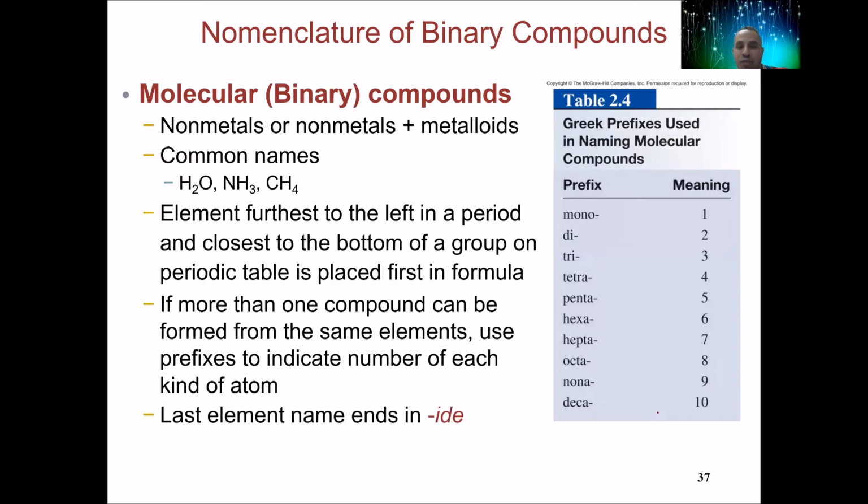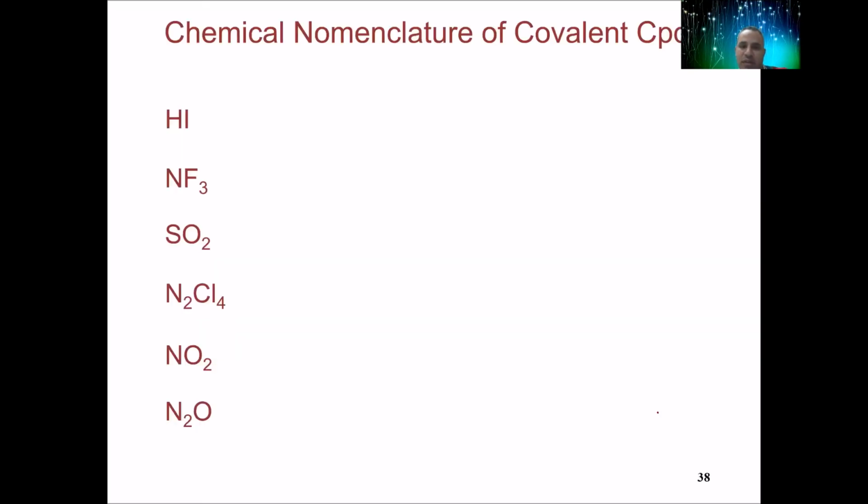And then we will use Greek prefixes to indicate the number of each type of atom. If you have one atom of a certain element, it's going to be mono. Two, it's going to be di. Three, tri, and so on, just to indicate the number of atoms of each element involved.